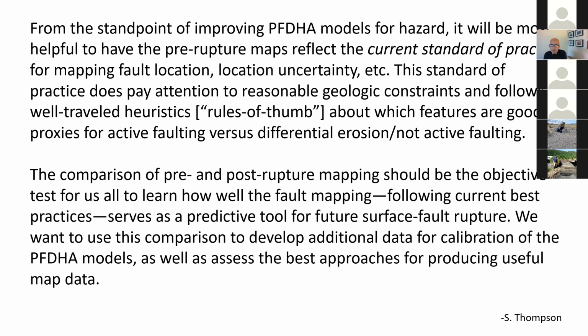From the standpoint of improving PFDHA models for hazard, it will be most helpful to have the pre-rupture maps reflect the current standard of practice for mapping fault location, location uncertainty, etc. This standard of practice does pay attention to reasonable geologic constraints and follows well-traveled heuristics or rules of thumb about which features are good proxies for active faulting versus differential erosion, not active.